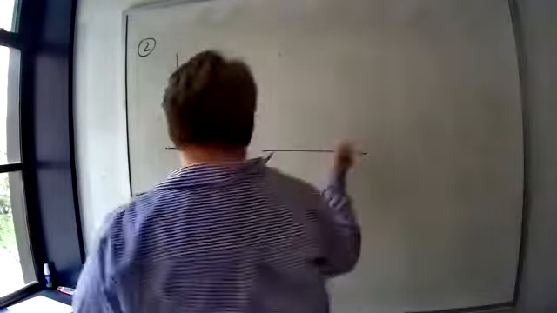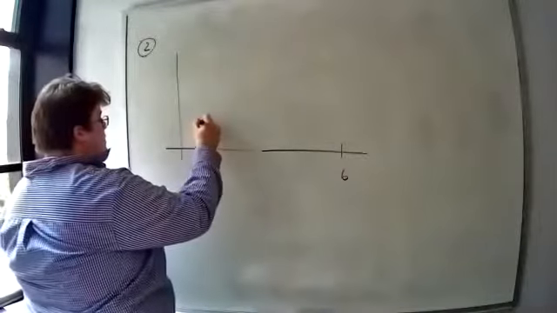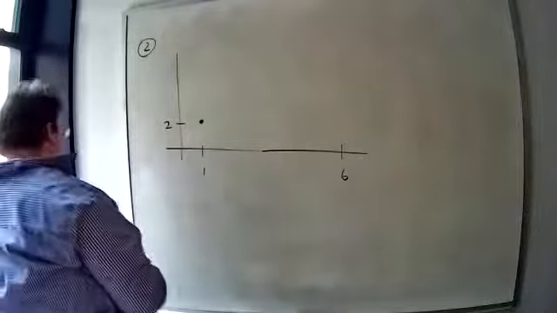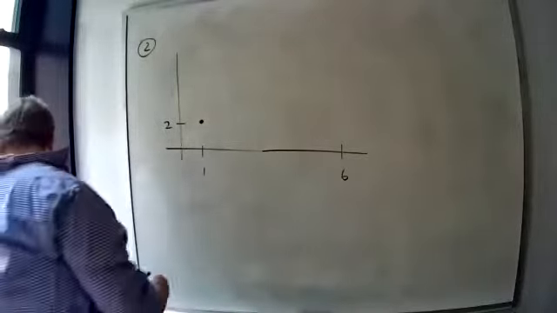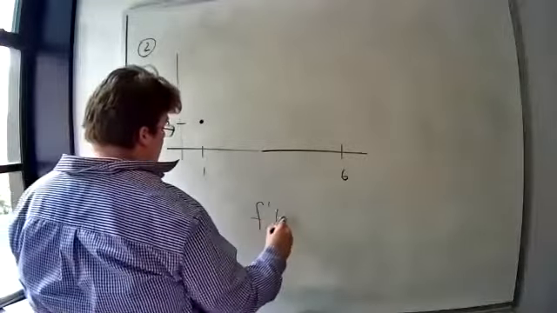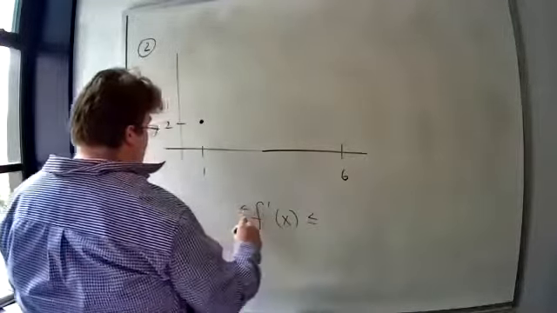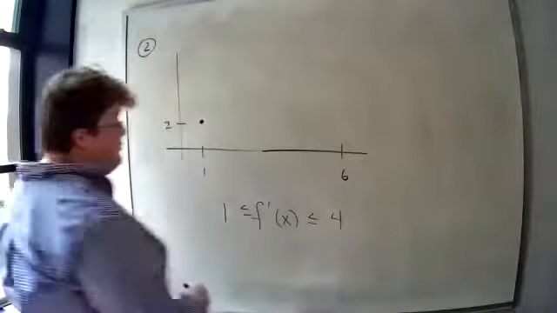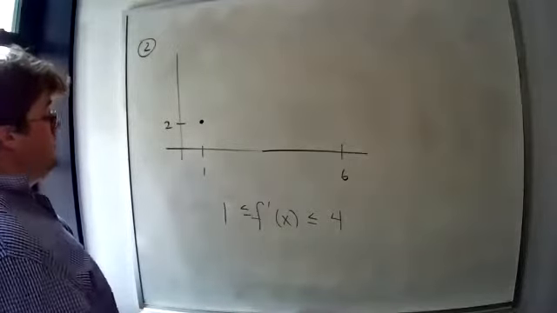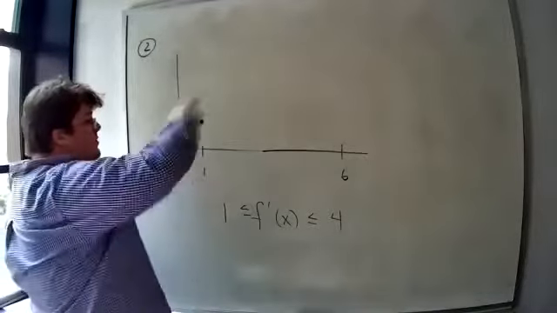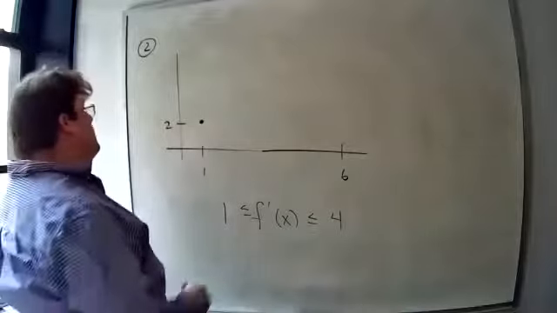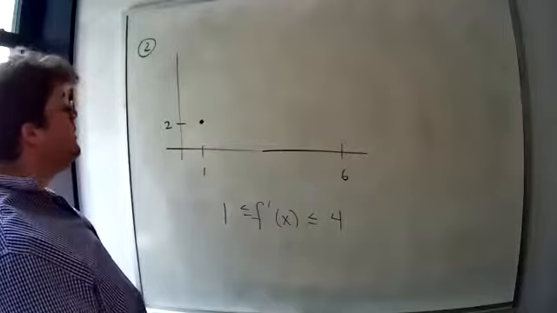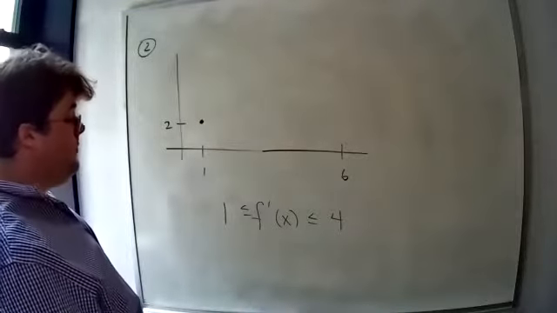So what do we have? We need bounds for f of 6. Well, we know f of 1 is 2. What else do we know? We know slopes of tangent lines on the interval 1 to 6 are at least 1 and at most 4. So this means whatever our function is, it's a continuous function, it must satisfy that the slopes of tangent lines are larger than or equal to 1.